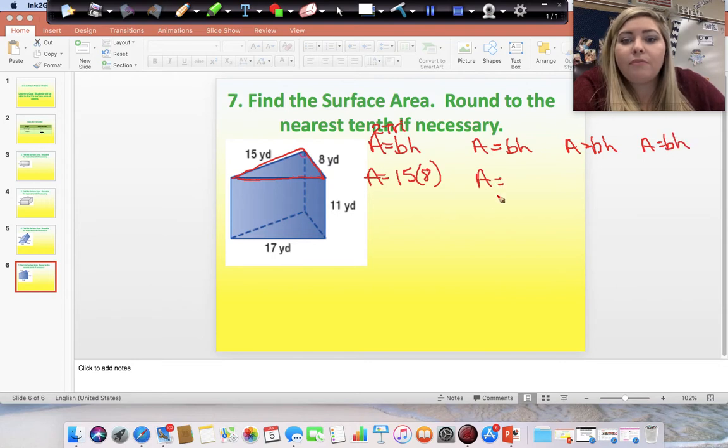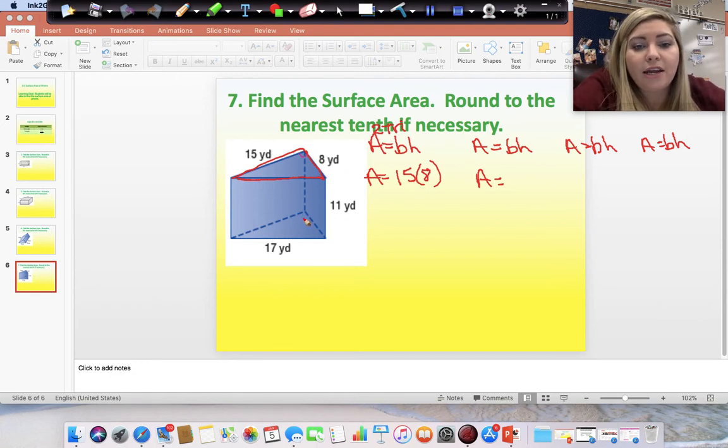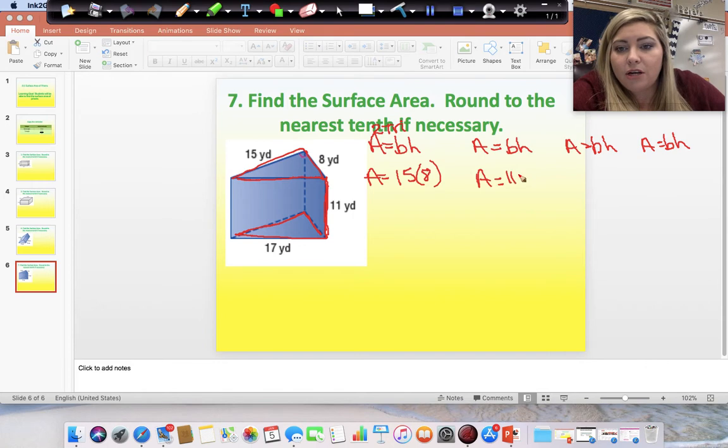Let's find the height in between the two. The distance in between this triangle down here and this triangle up here is 11. So we're going to put 11 on each of these.